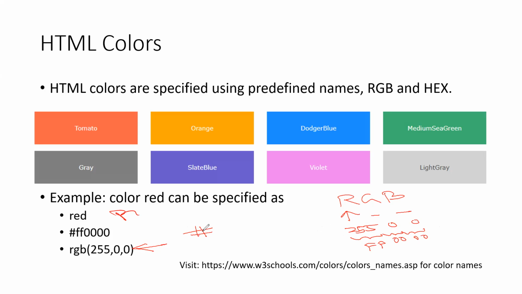So the color red we can represent as FF0000. So this is another way to represent the color. That is what I have actually used earlier, right? So that is very important.